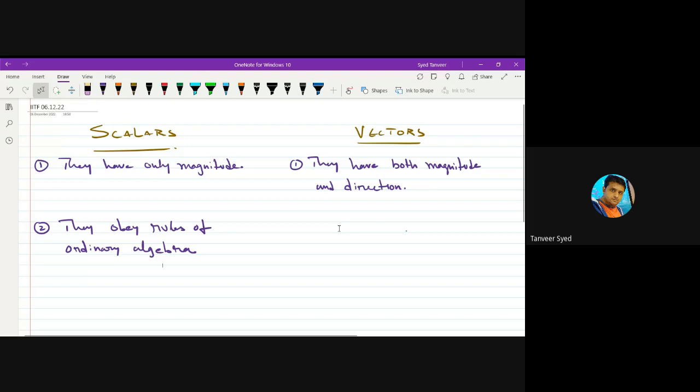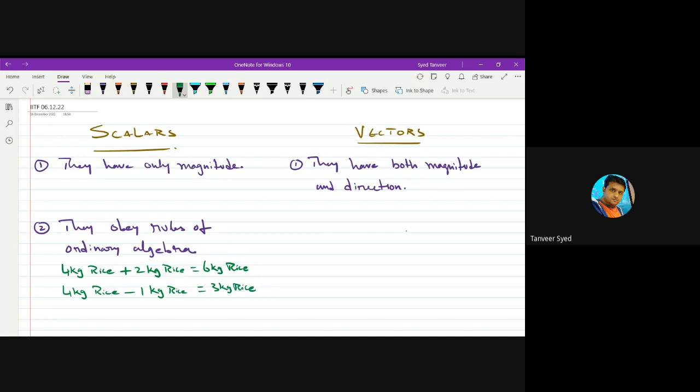Suppose I have 4 kg rice. If I add 2 kg more rice to it, I'll have 6 kg rice, right? Or I have 4 kg rice, and from that, if I take out 1 kg rice, I will be left with 3 kg rice.